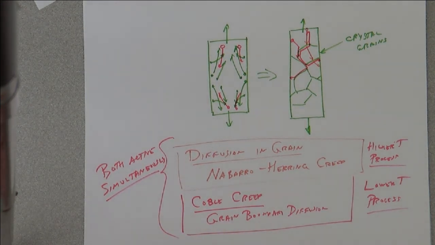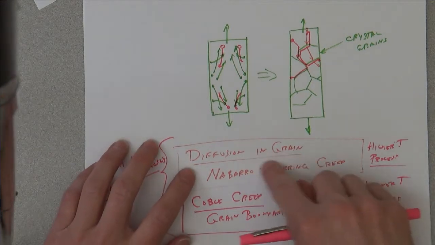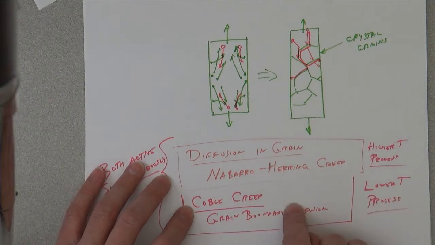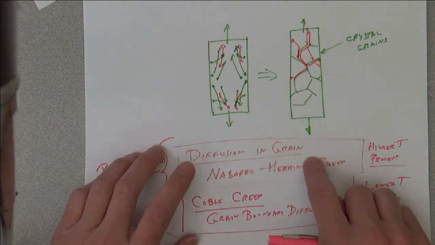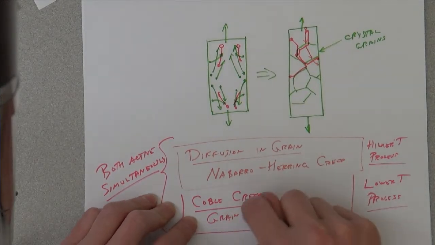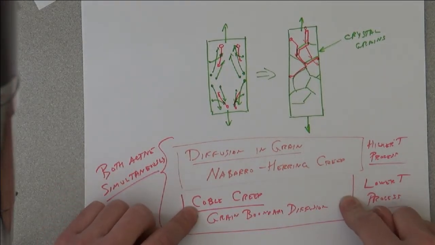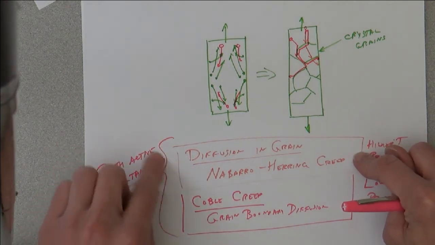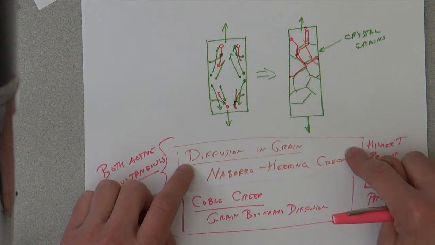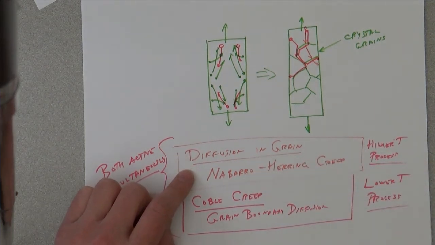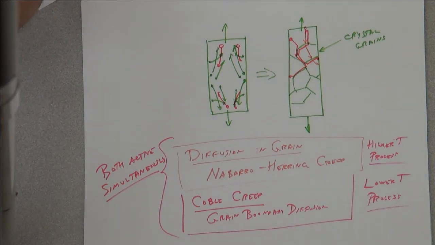At low temperatures, you only get grain boundaries. At medium range temperatures, you start getting a little bit through the grains as well, and then at high temperatures, both are going to be active. So there is a transition between the regimes and a difference in the behavior.